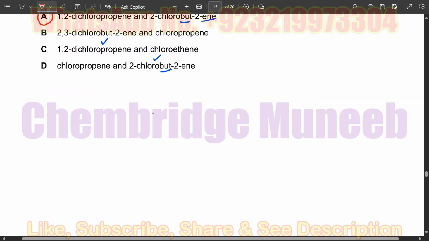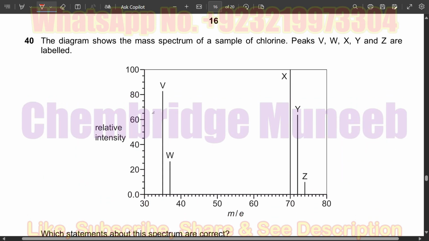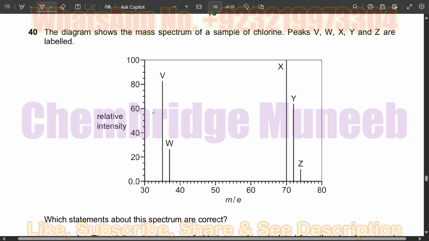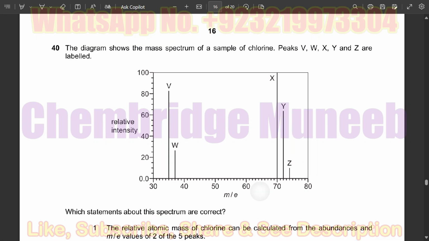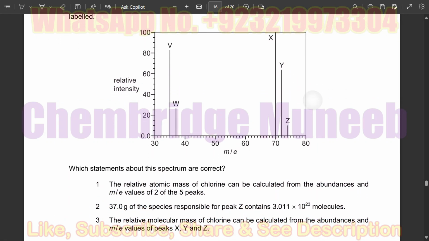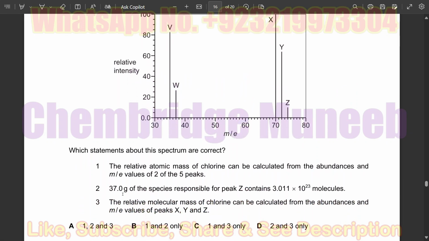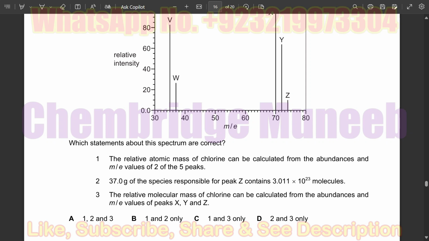Then we have the last question of this paper, question number 40, and this is a question from analytical chemistry. We have the mass spectrum given here, and we have peaks here. Then we have some statements given at the bottom, and we have to check the right statements.